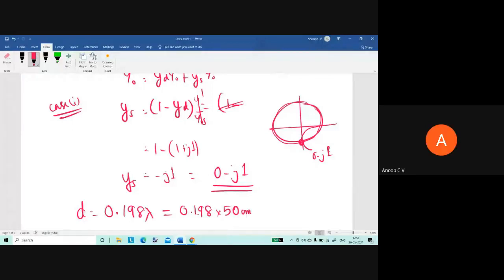So what is this D? 0.198 into 50 centimeter, that is 9.9 centimeter. And we should find what is L.